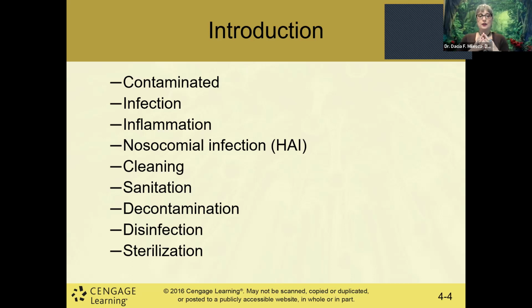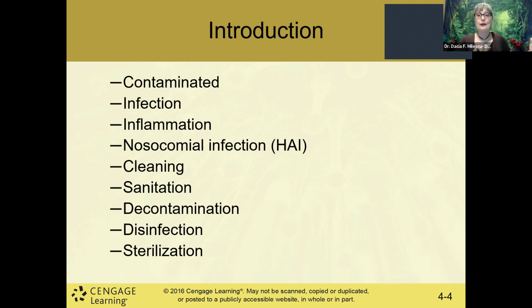So you really need to make sure not just that the instruments are sterile, but the environment that you're in is disinfected. There's a difference between disinfection versus sterility. The operating room is obviously a sterile space, but you also need to disinfect.